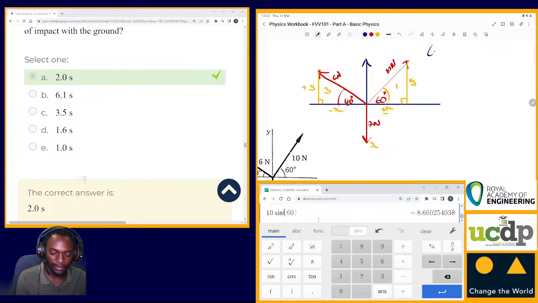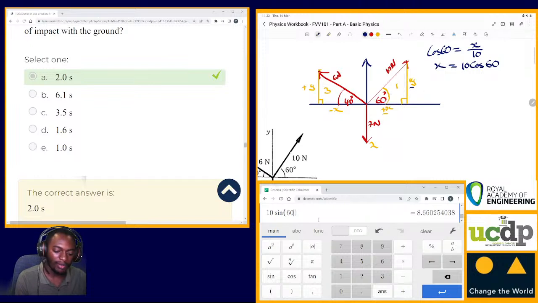So cos 60 equals adjacent, which is x, over the hypotenuse, which is 10. So x will be equal to 10 cos 60. Now we find y.